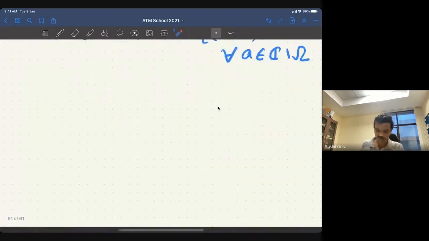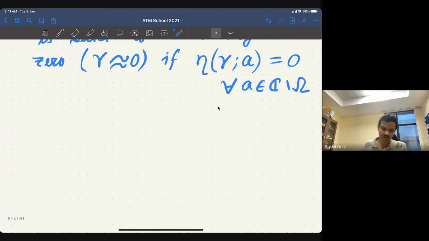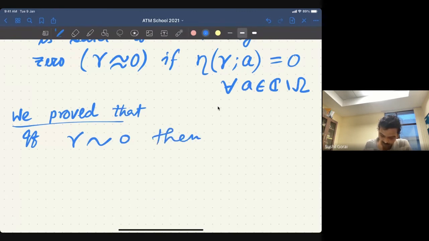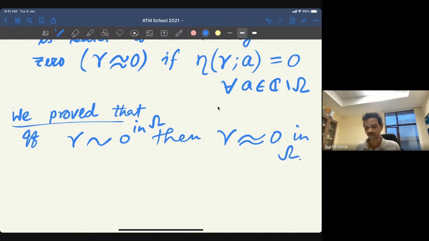Okay, so what we proved in the theorem is that if gamma is homotopic to 0 in omega, then gamma is homologous to 0. The previous theorem says this.